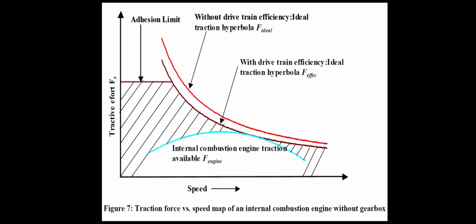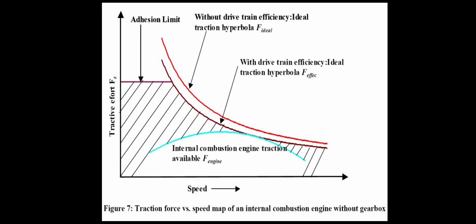If we increase the speed, you can see the hyperbola F ideal, that is, the ideal traction hyperbola without the drivetrain efficiency, and it always decreases with speed. With the drivetrain efficiency, the hyperbola F effective is shown here.